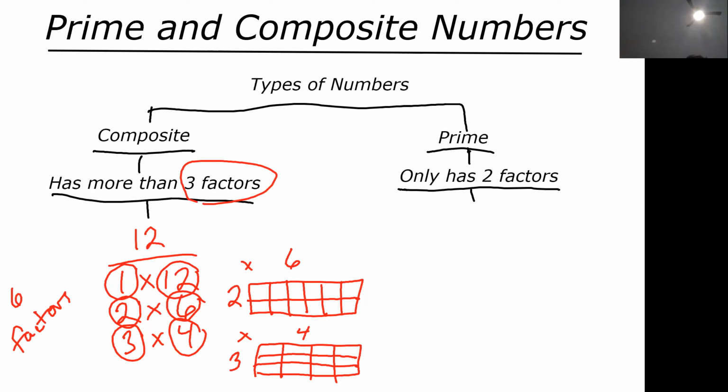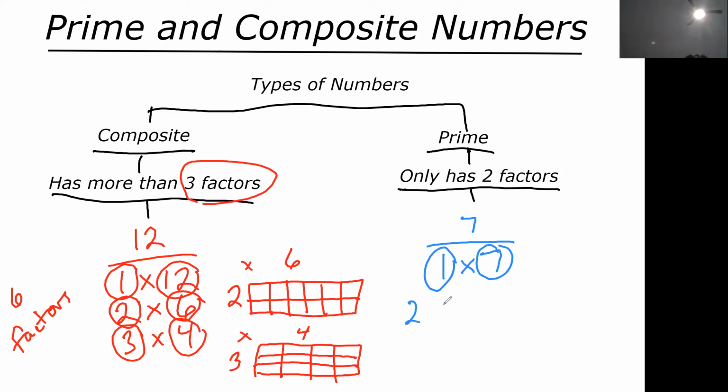So now let's look at a prime number. Let's use 7 as an example. The only 2 factors that multiply to make a product of 7 is 1 times 7, or 1 times itself, which is 7. Okay? So that means 7 only has 2 factors.